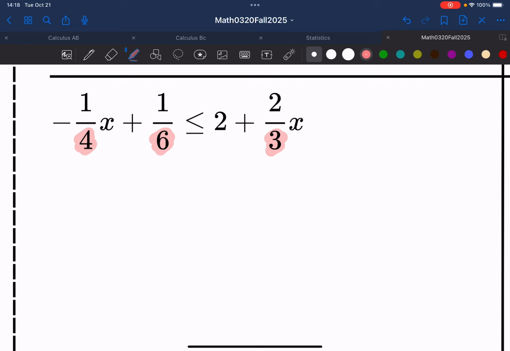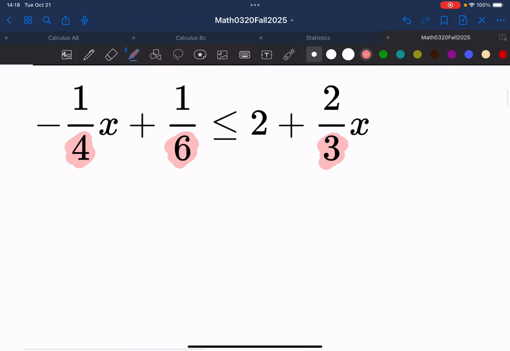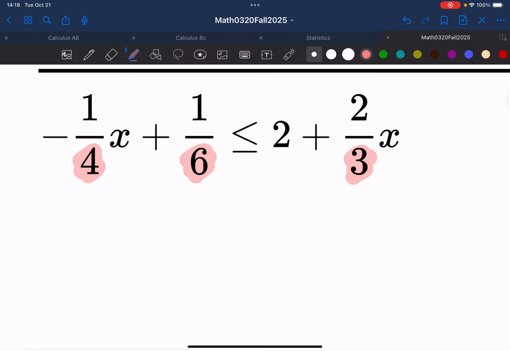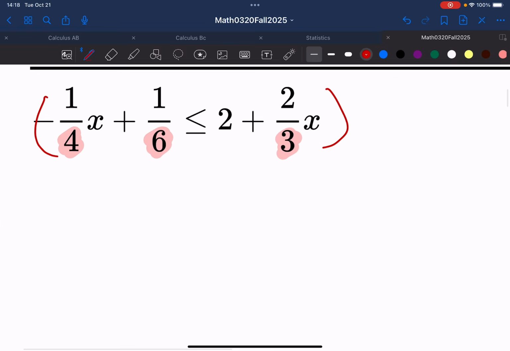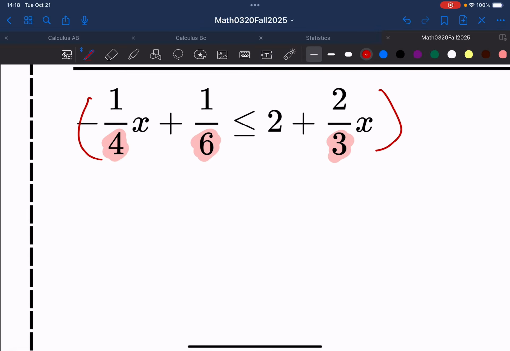When you do this, you are going to think of a number that all of them can divide into, okay? So a number that they each can divide into would be 12. So I'm going to take this whole thing, and I'm going to multiply by 12.